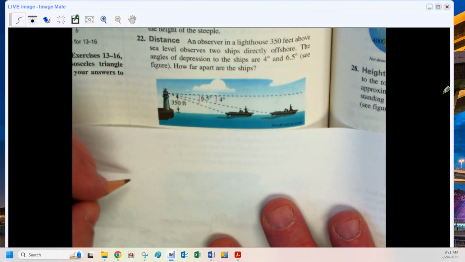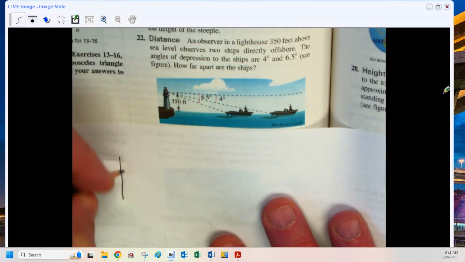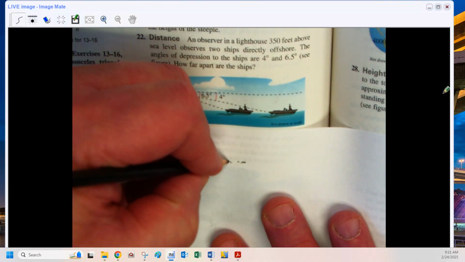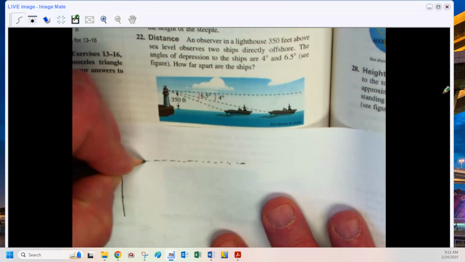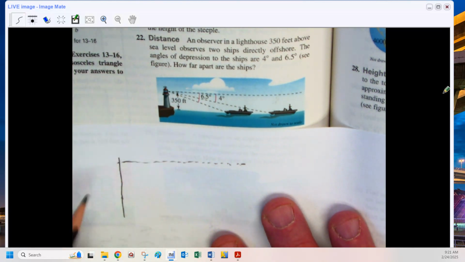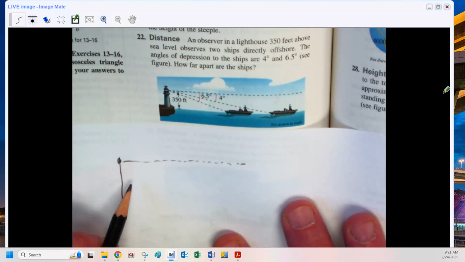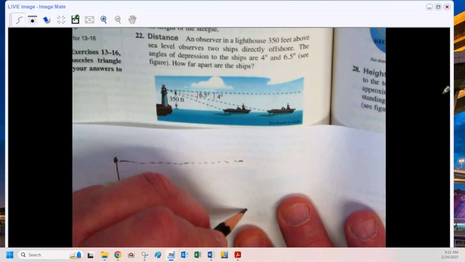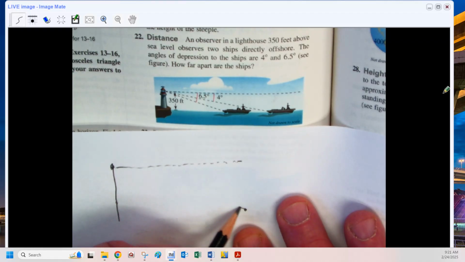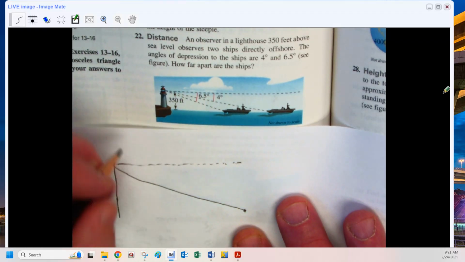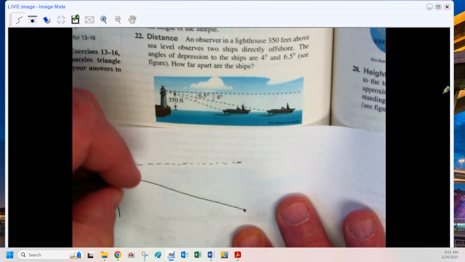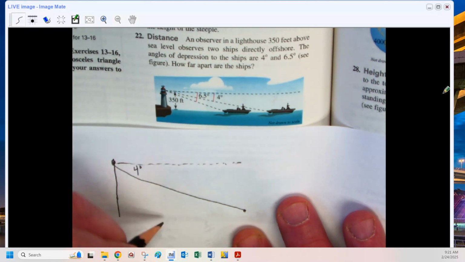Okay, so let's draw this picture here. And so remember, we talked about this maybe one day. The angle of depression is this angle where if you're at the top of the tower, it's the angle from that horizon, that horizontal, down. And so if there's a ship over here and its angle of depression is 4 degrees, and then there's a ship here.